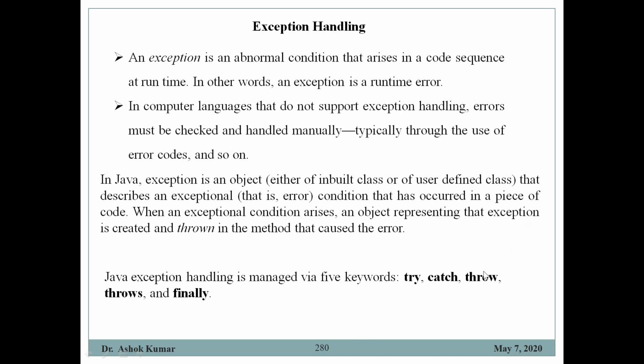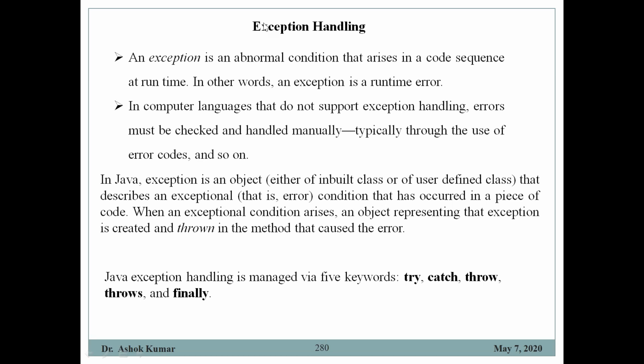In case of Java, because it supports exception handling, when an exception arises in a program, Java creates the object corresponding to that exception and throws it, and then that object is caught and the corresponding block is executed. That is called an exception handling block.